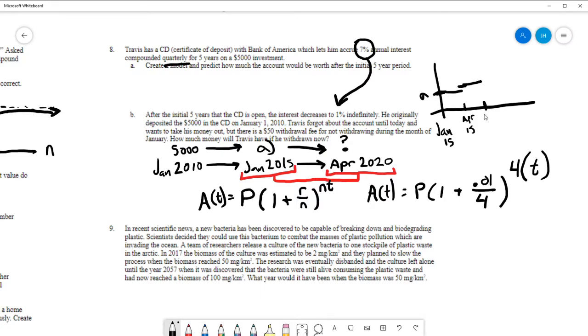Then after another quarter in July of 2015, it gains more. And after one more quarter in October, it gains more again. And it keeps going like this until we get to April of 2020, right? So what's happened here is that we've done one quarter extra beyond 5 years. So t is going to be 5 and a quarter, 5.25.